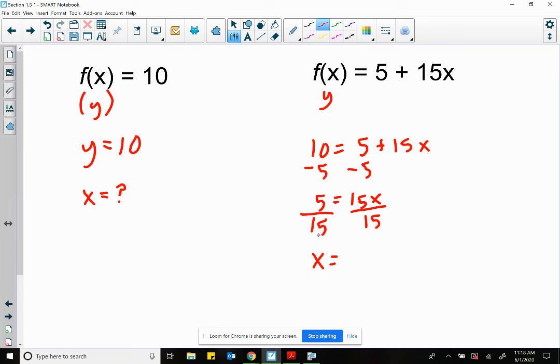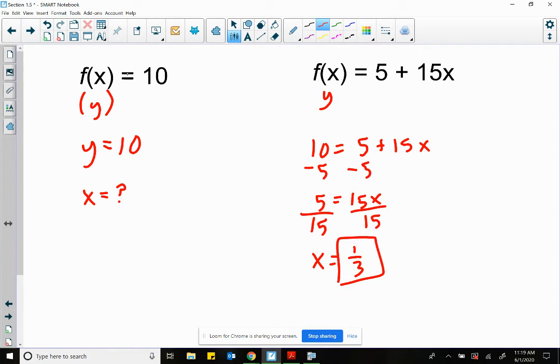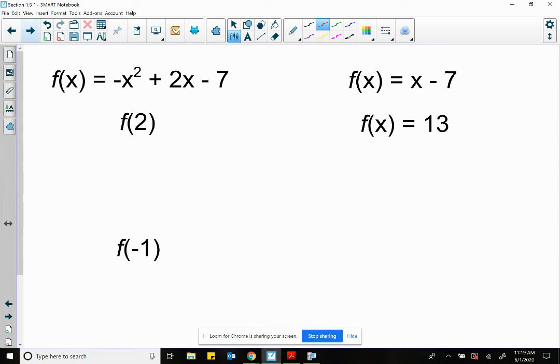X is equal to, and then when this reduces down, 1/3. And that's what they're looking for, the x value. That's all they wanted. So if a number is inside the parentheses, that's x. If you got function notation equal to a number, they're telling you the y value. Okay? All right, pause your video and give these a shot.